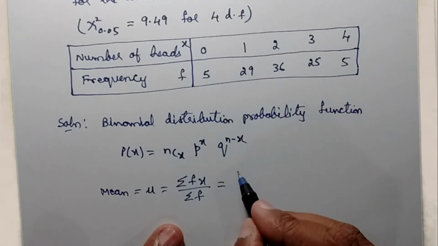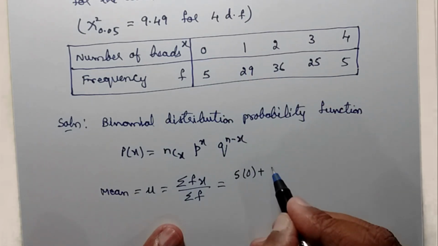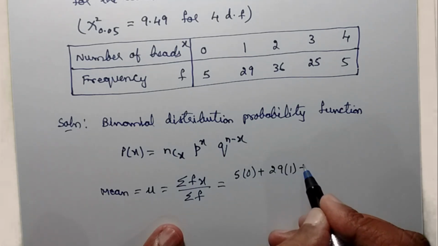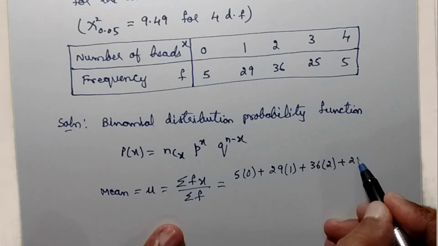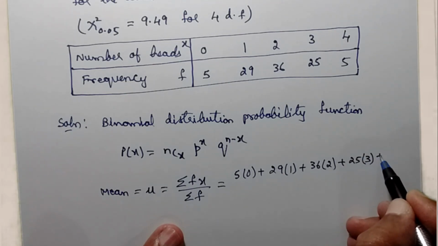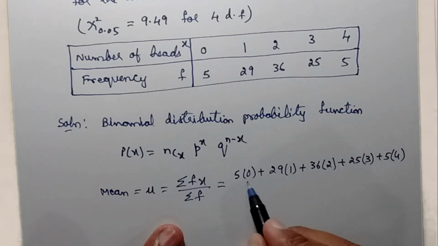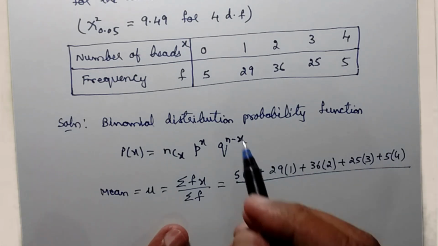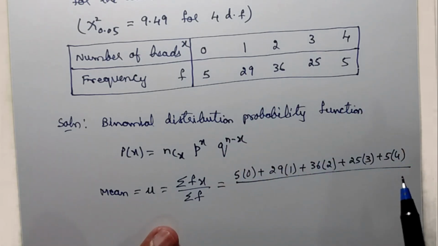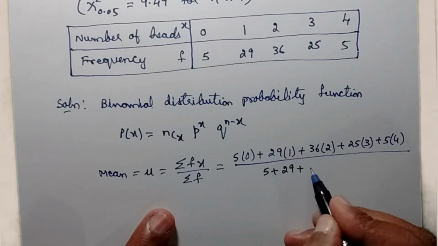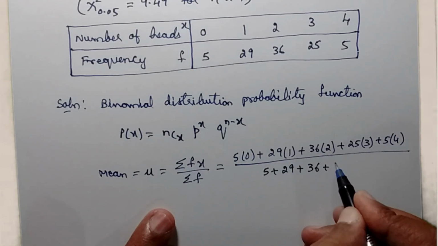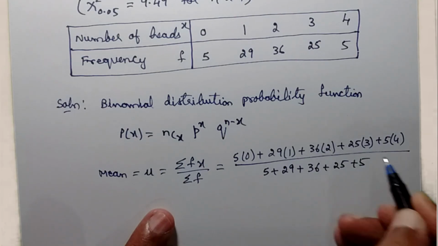The first value is 5 into 0, which is 0 itself, plus 29 times 1, plus 36 times 2, plus 25 times 3, plus 5 times 4, whole divided by summation of f. You just need to add the values of f, so it is 5 plus 29 plus 36 plus 25 plus 5.